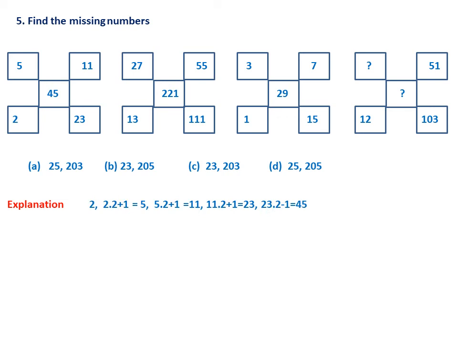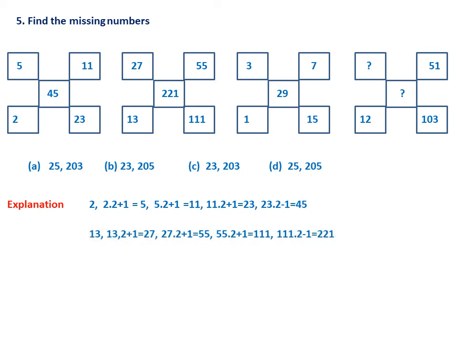First one, number is 2, then 2 into 2, 4 plus 1, 5, 5 into 2 plus 1, 11, 11 into 2 plus 1, 23, 23 into 2 minus 1, so the center number minus, so it is 45.